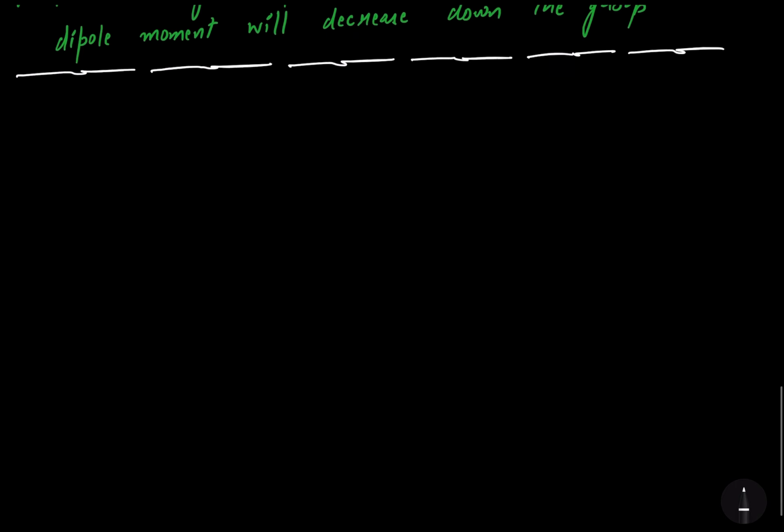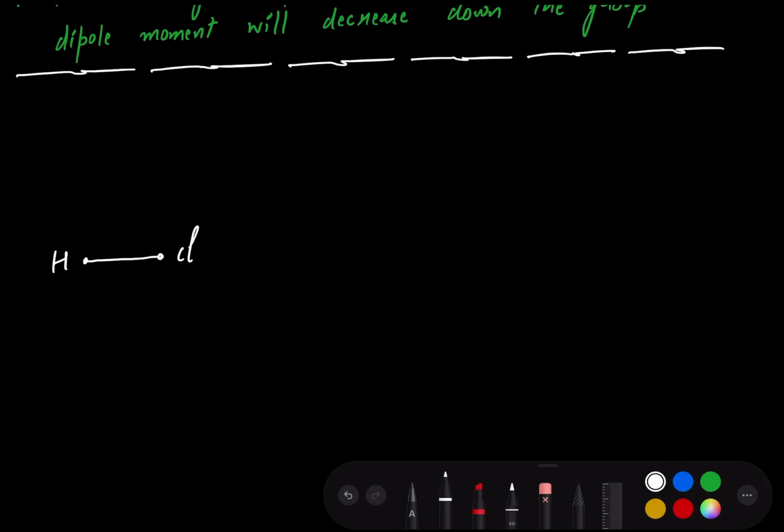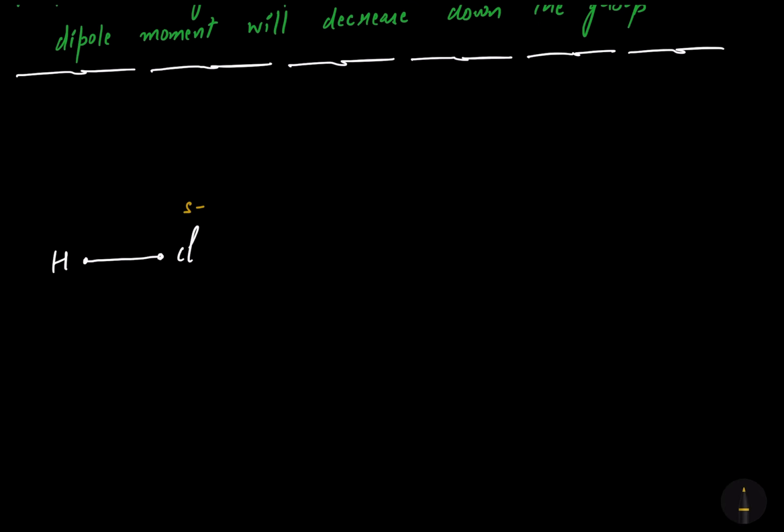So let me rewrite the HCl again. So that's our hydrogen forming single bond with chlorine. Chlorine will acquire a delta negative charge and H will acquire a delta positive charge. So in this case, the direction of dipole moment will be towards the negative pole, and a positive charge at the end of the arrow at the side of positive pole.